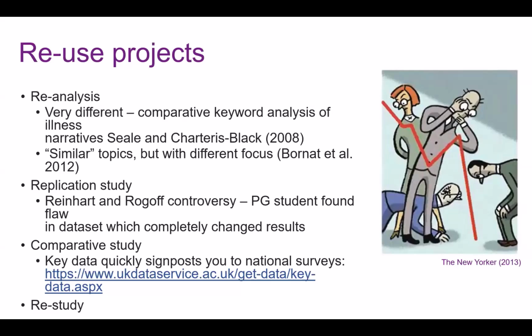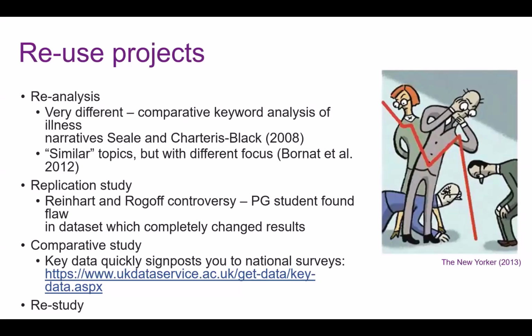So reanalysis is probably the one that comes to mind when you're thinking about what secondary analysis is. And this involves thinking about the wide range of approaches you can take in the analysis of a data set. So it usually means asking some kind of different research question from what the original researchers were trying to do. So for example, Clive Seale and Charteris-Black did a study using comparative keyword analysis of illness narratives.